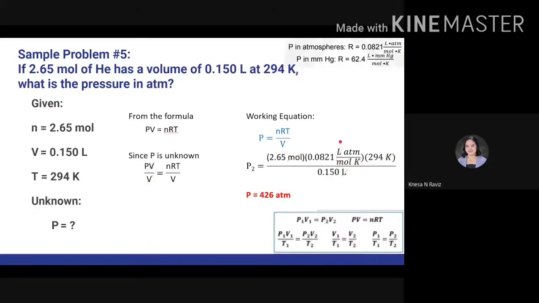Notice the units liter will cancel out, mole will also cancel out, as well as Kelvin. That leaves us with the unit of atmosphere. In the calculator, 2.65 times 0.0821 times 294, divided by 0.150, we would get an answer of 426, and the unit is in atmospheres.